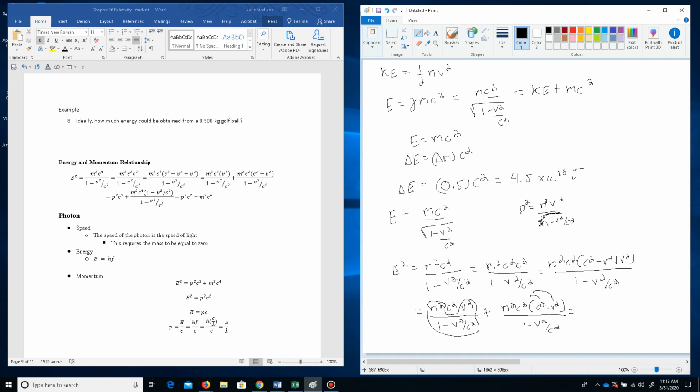Right, so that's where it becomes momentum squared c squared plus m squared c to the fourth times 1 minus v squared over c squared. And then this whole thing is 1 minus v squared over c squared. Right? And then I can divide this out. And so this is why I get m squared c to the fourth. And this now relates energy to momentum.